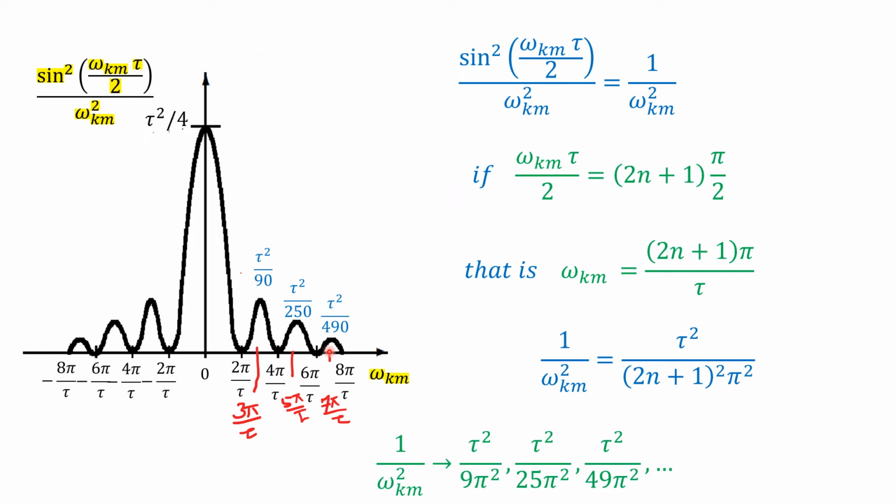The peak height rapidly decreases. That is a very crucial point. The highest energy is at the origin, where energy is h cross omega km. So when you are moving away from the origin, this energy will go to 0. That is a very important point.